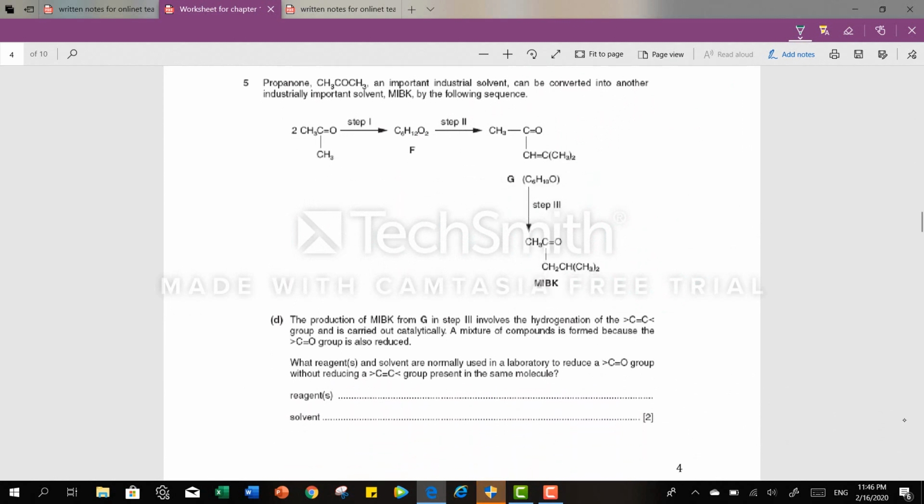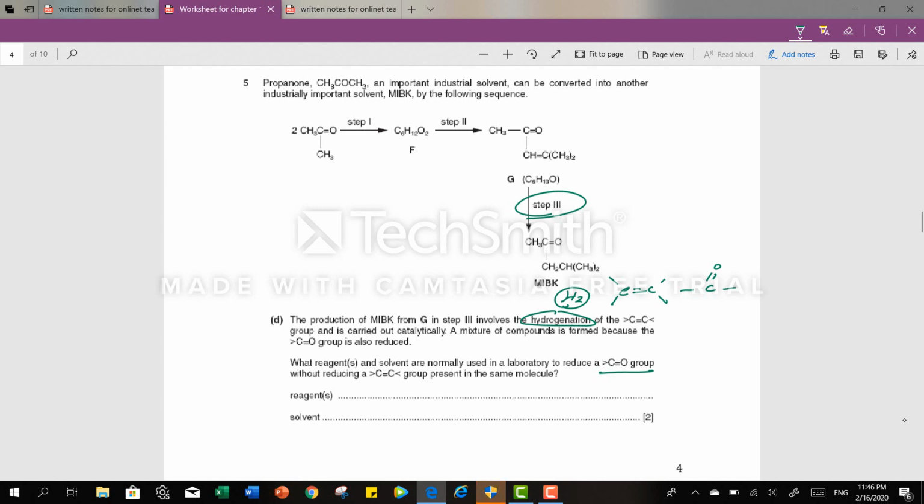The production in step 3. So look at step 3. It involves hydrogenation and a mixture will be formed. What reagent is used in the laboratory to reduce a C=O group? Now, what the question is trying to do is, if we use hydrogenation, if we add H2, you will reduce both the double bond and the C=O group at the same time.